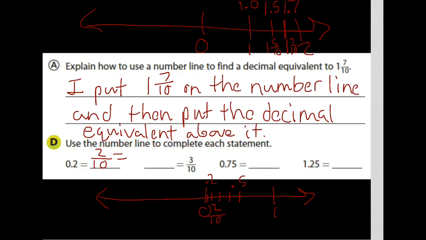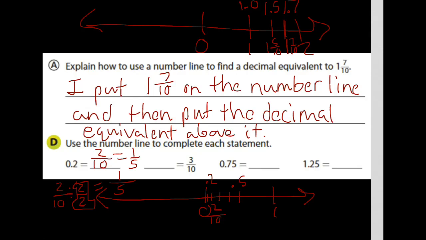And then if I think about simplifying it, 2/10 divided by my 1s, 1s is a number that's the same on the top and the bottom. I know that multiples of 2: 2, 4, 6, 8, 10. 2 can go into 2, and 2 can go into 10. So my answer is 2 divided by 2 is 1, and 10 divided by 2 is 5. So 2/10 simplifies to 1/5.